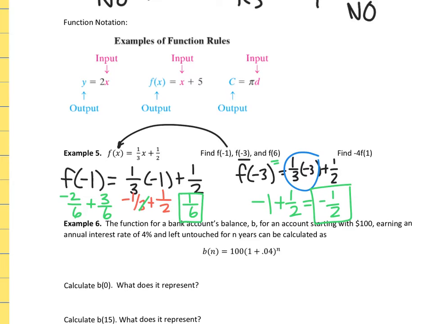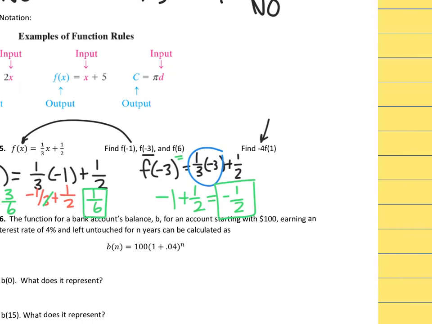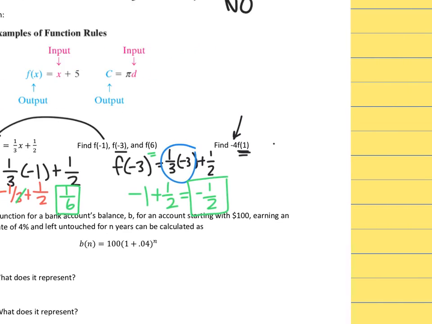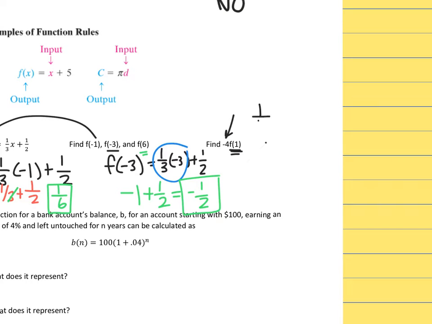But I'm going to skip it and go to -4 times f of 1. So this means that you need to do f of 1 and multiply it by -4. So f of 1 is, look at my function again, 1/3 times 1 plus a half.